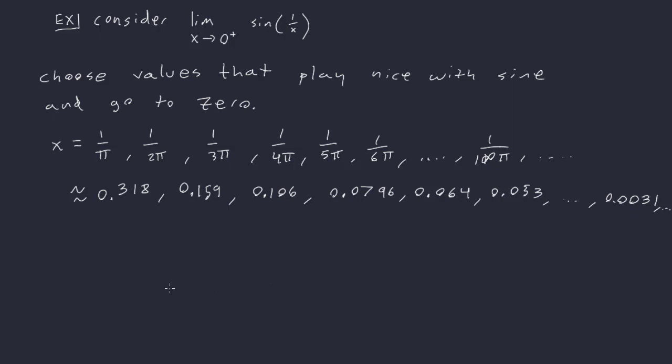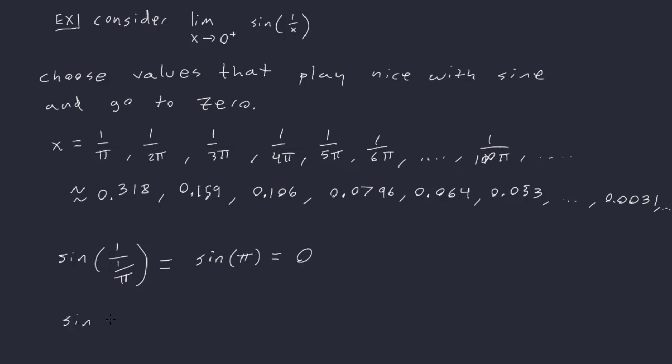The reason we want to do that is because sine of 1 over any of these, say 1 over pi, when we invert and multiply, that's going to be sine of pi, which will be 0.